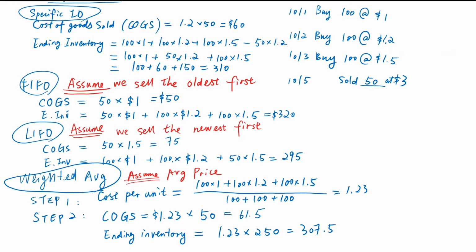If they do decide to change it, they have to explain it on their financial statements, and they would have to do extra calculations to show the impact of the change. All right, and the most popular one is FIFO. And there you have it, the basics of the inventory costing methods.